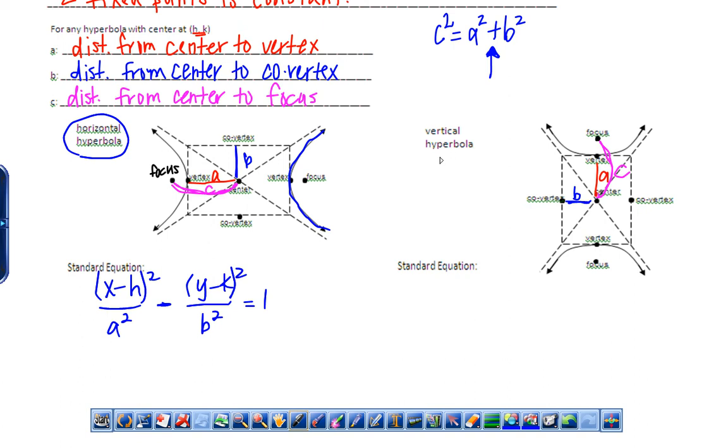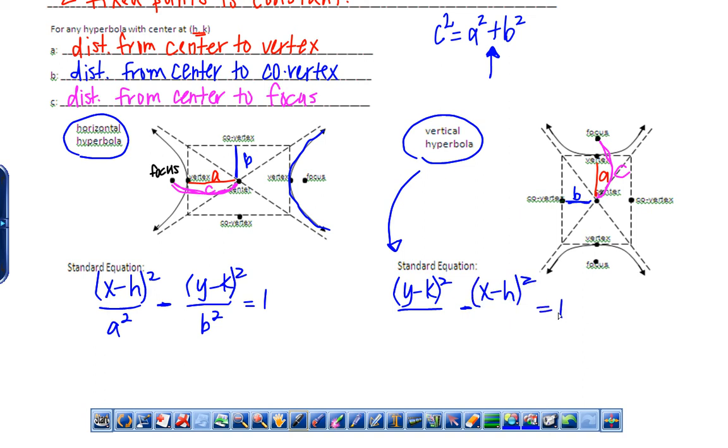The difference with our vertical, this is where we're going to change. Your x and your y are going to totally flip. So I'm going to start with y minus k, quantity squared, minus stays the same, x minus h, quantity squared, equals 1.